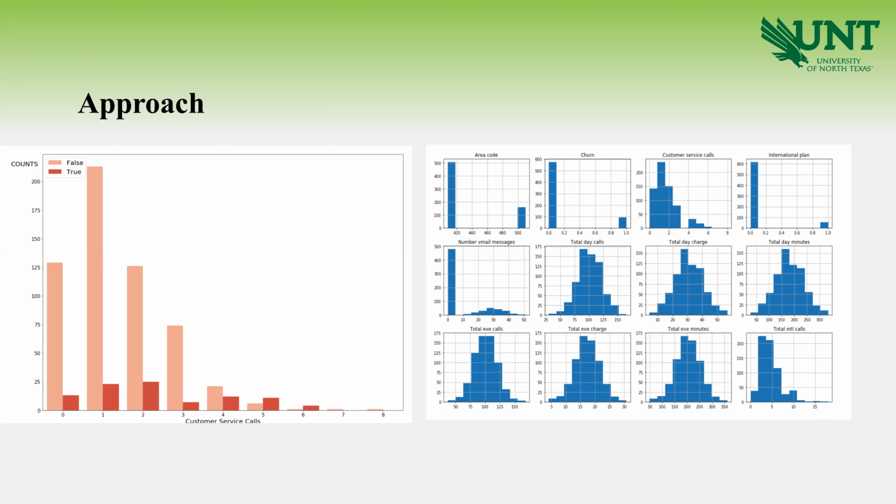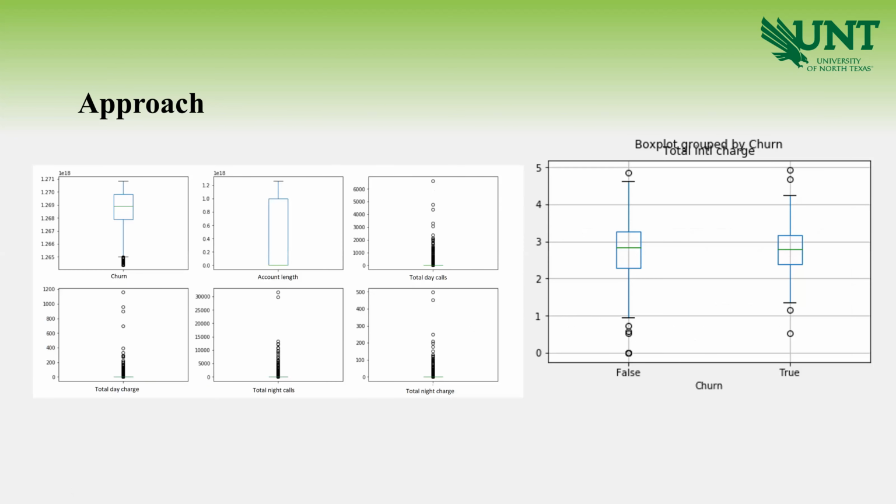This is the customer service calls, how much they call customer service, and this is the general information. Okay, and then we use EDA. We use a box plot for the churn, total churn, and we can see here.